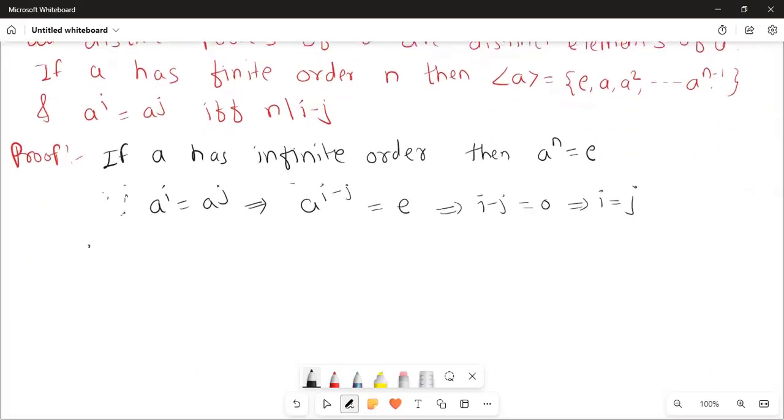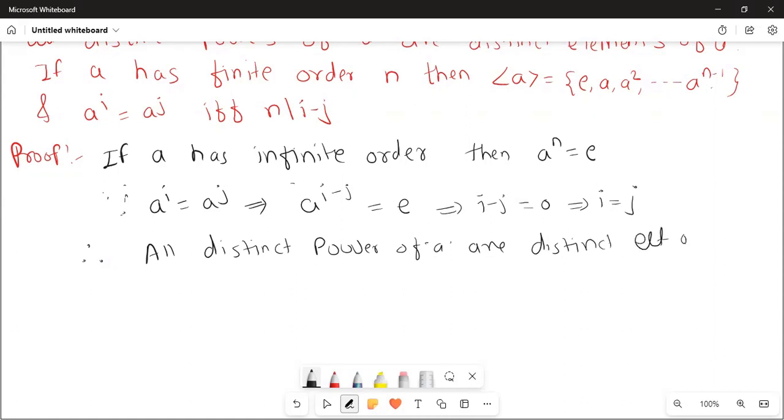Therefore all distinct power of a are distinct element of G.